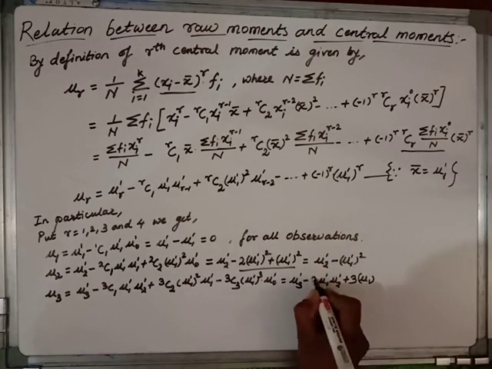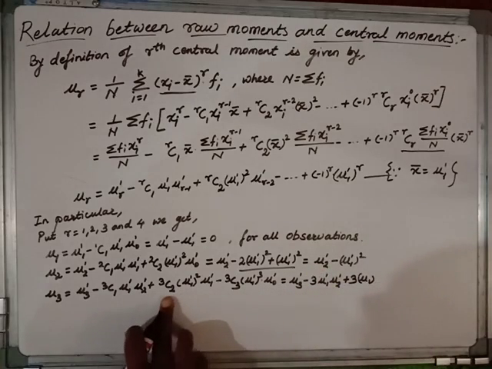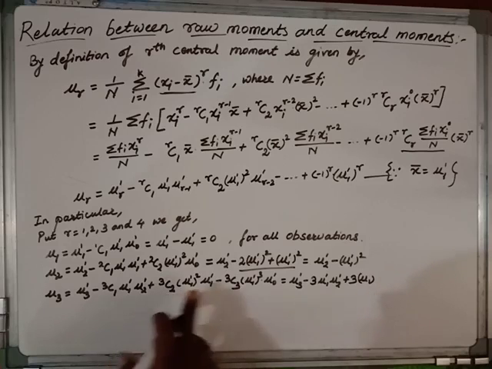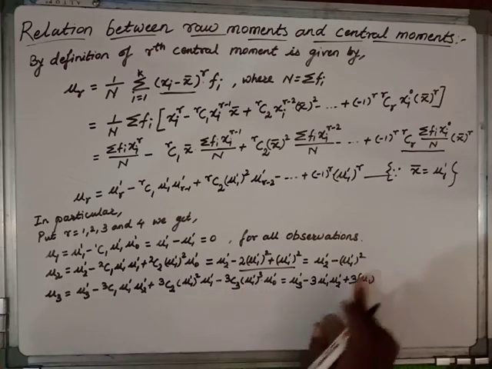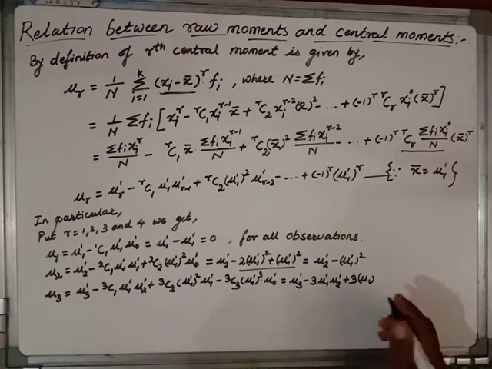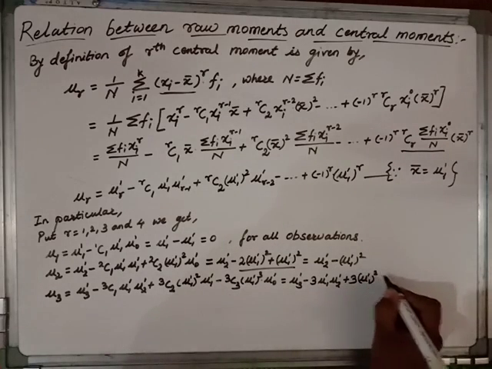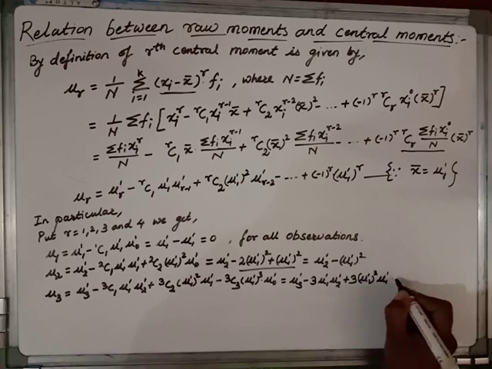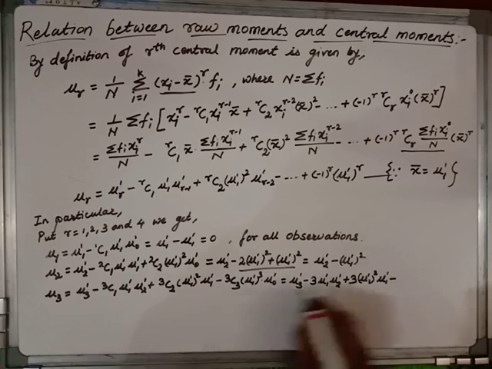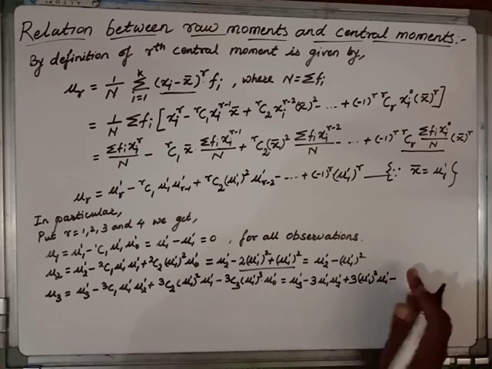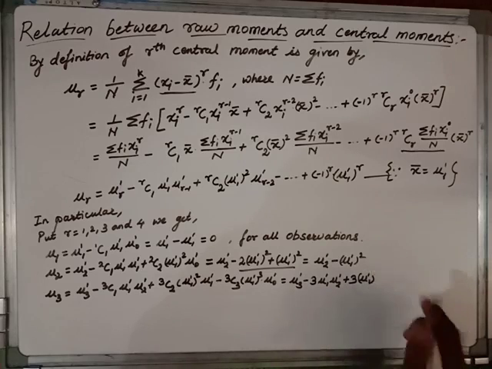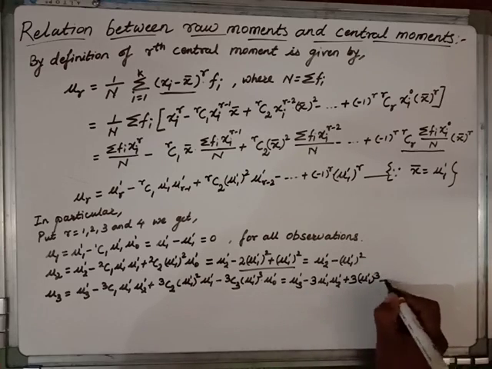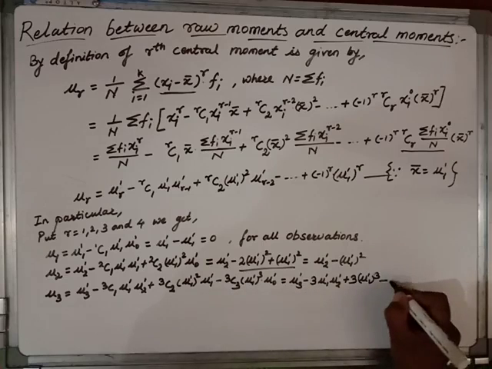Sorry, I am making a mistake. It is plus 3 mu1 dash square into mu1 dash, which is mu1 dash cube, and minus this 1 mu1 dash cube.